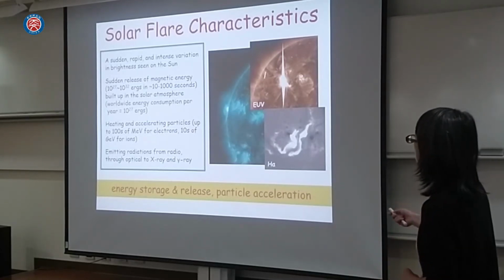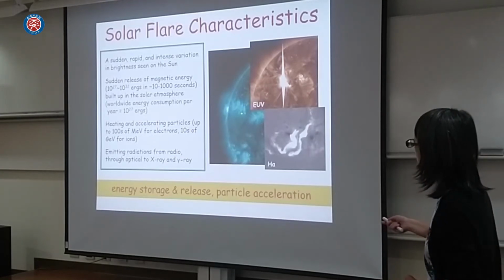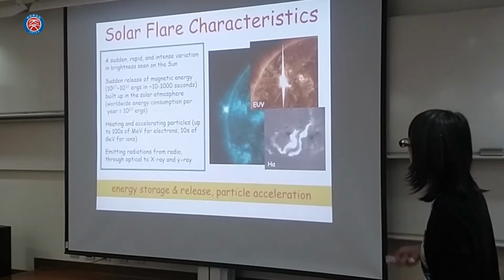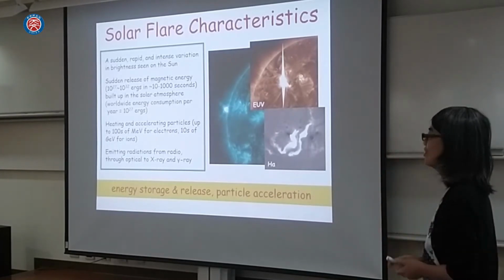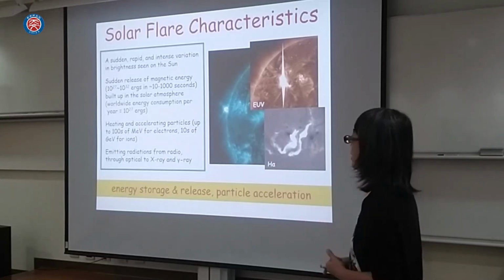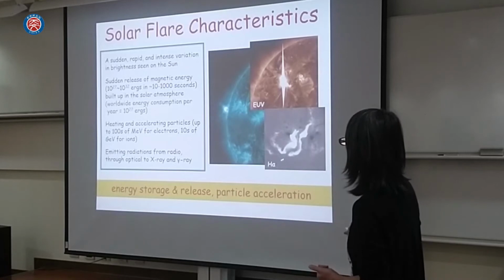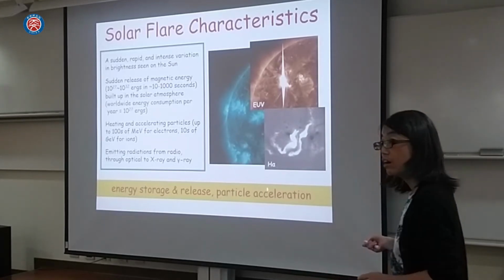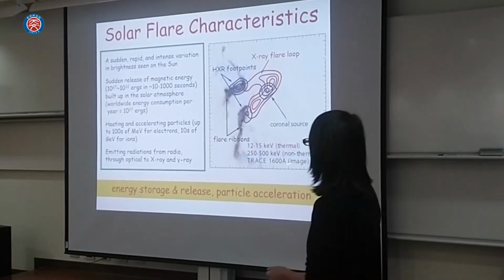You can see there is some brightening in UV. Here, a flare occurs, and this spike structure is a saturation effect detected by the detector. Sometimes you can see the ribbon structure in H alpha, and also in the UV image.